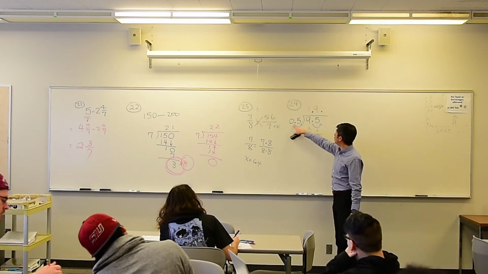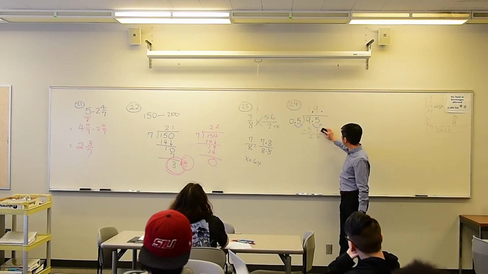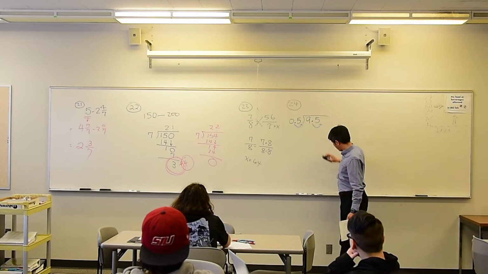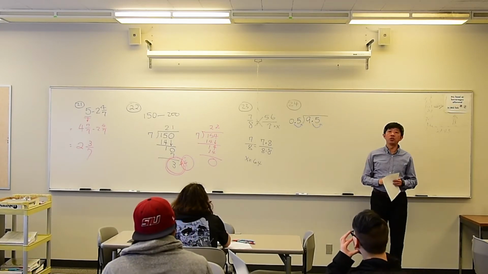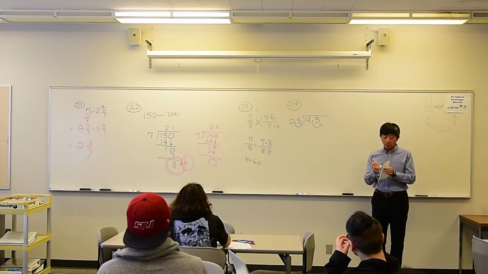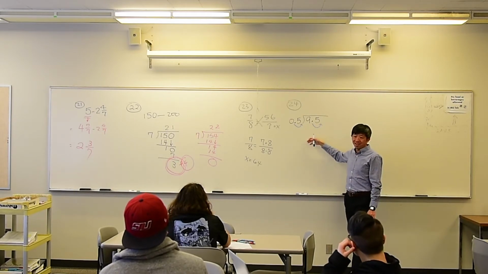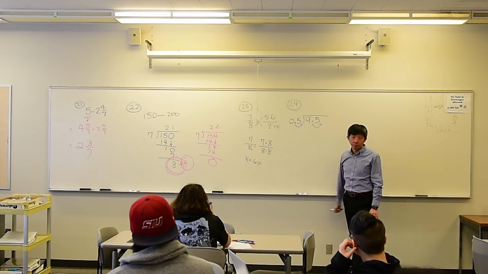You can ask the student to move the decimal point, that's okay. If you insist on doing this, you can find a lot of mistakes. Students always get the wrong place value.